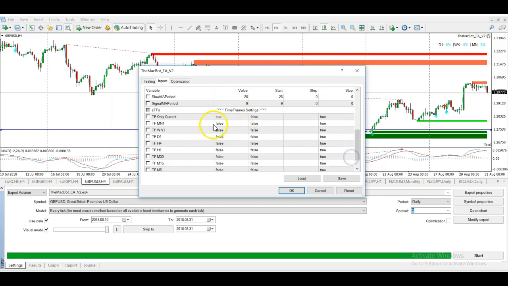Okay, time frame, make sure the current time frame is true. And we'll just go to daily, true, and we'll go to daily, true. Okay, we'll select OK. So when we're at the charts, make sure that's false.